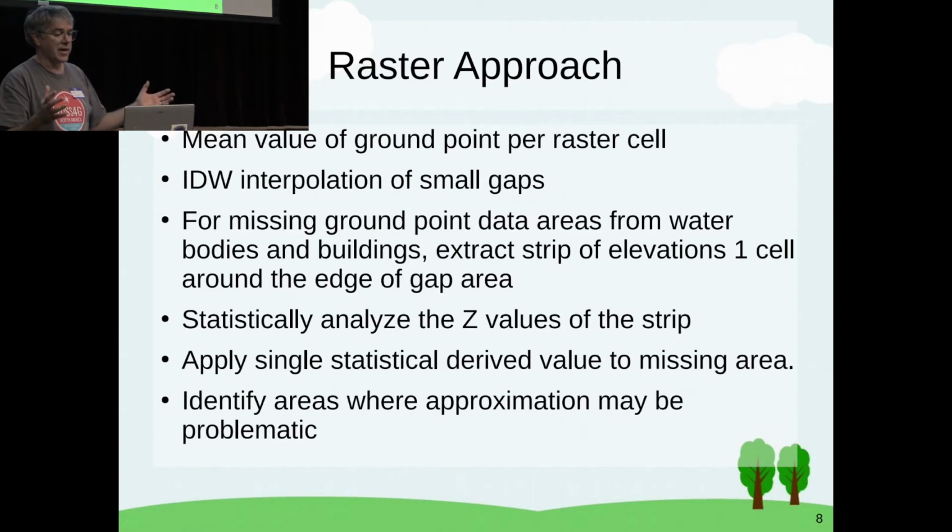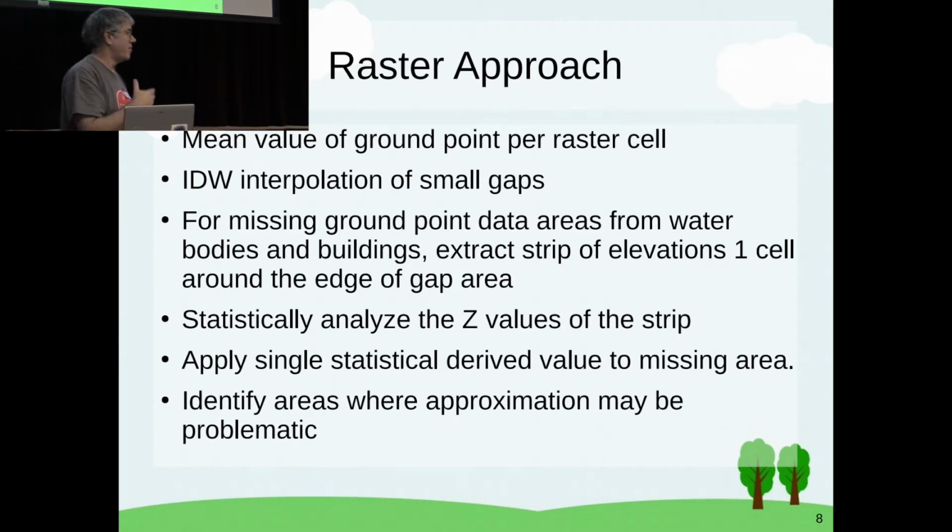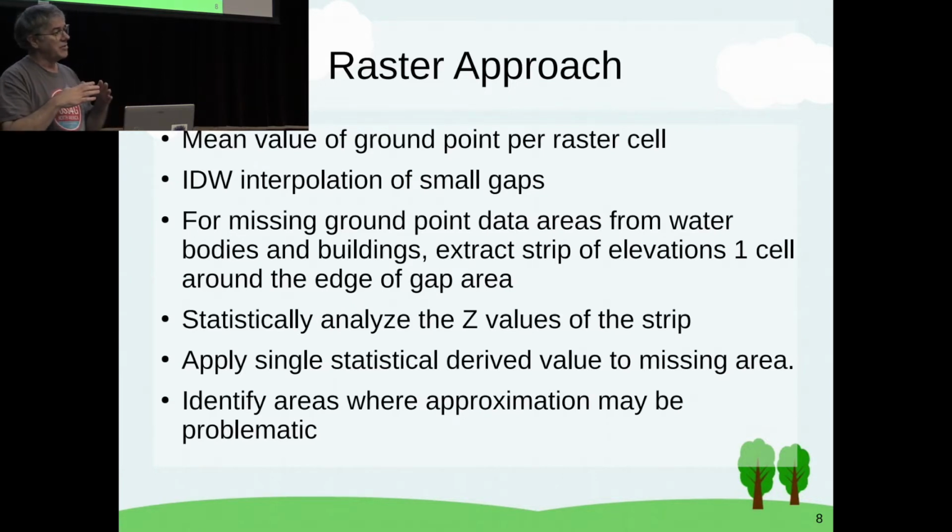For the larger gaps, represented by water or large buildings like shopping malls (for a lot of the small houses, the interpolation will take care of it), I'm going to fill those in with a very large value, and use that as something to buffer out from. You buffer out one cell, and then you mask for that, and get that strip of values, and then you do your other analysis from that.